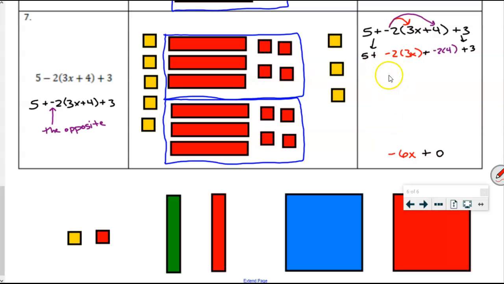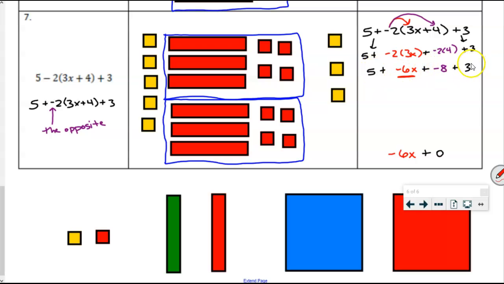I can see I have negative 2 groups of 3x, or negative 2 times 3x. That's negative 6x. And I have negative 2 groups of 4. That's negative 2 times 4, which is negative 8. Bring down that plus 5, bring down the plus 3. And we're going to see we only have these x tiles in one place. 5, but no x's.